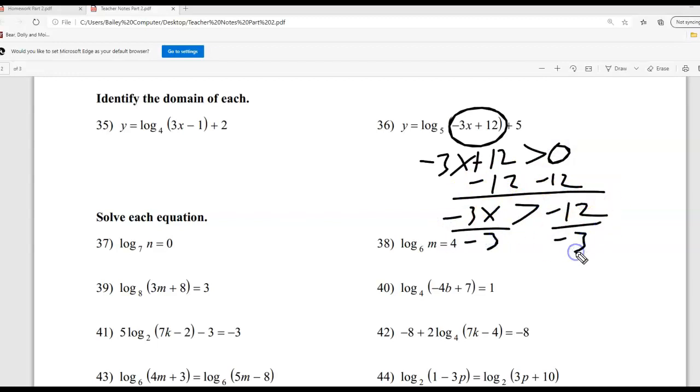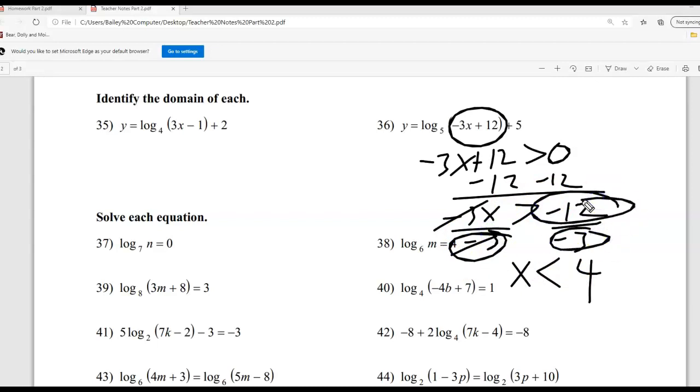Now, something happens here, though. When you divide by a negative number, multiplying or dividing an inequality by a negative number has an effect on the inequality. It causes it to reverse. So notice the arrows are opposite directions there. Anytime you multiply or divide by a negative, so since I divided by -3, this number, the 12, does not matter. It doesn't matter if it's positive or negative.